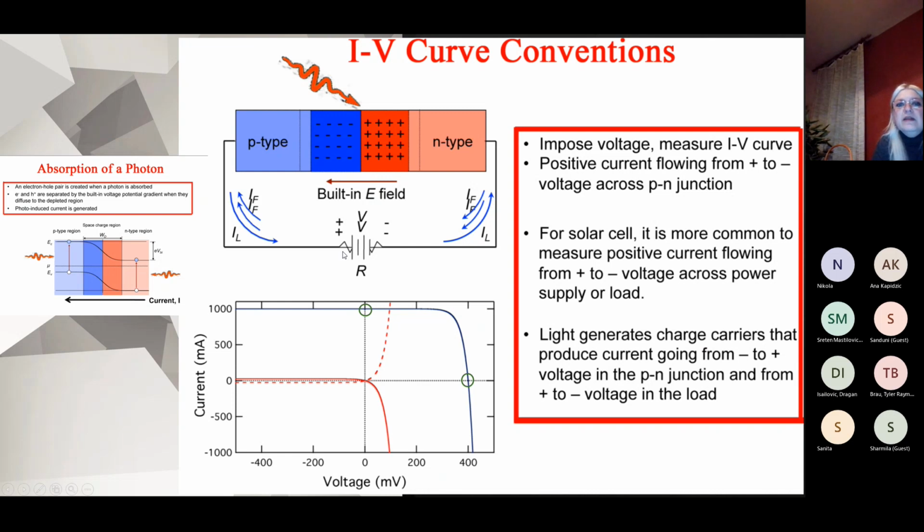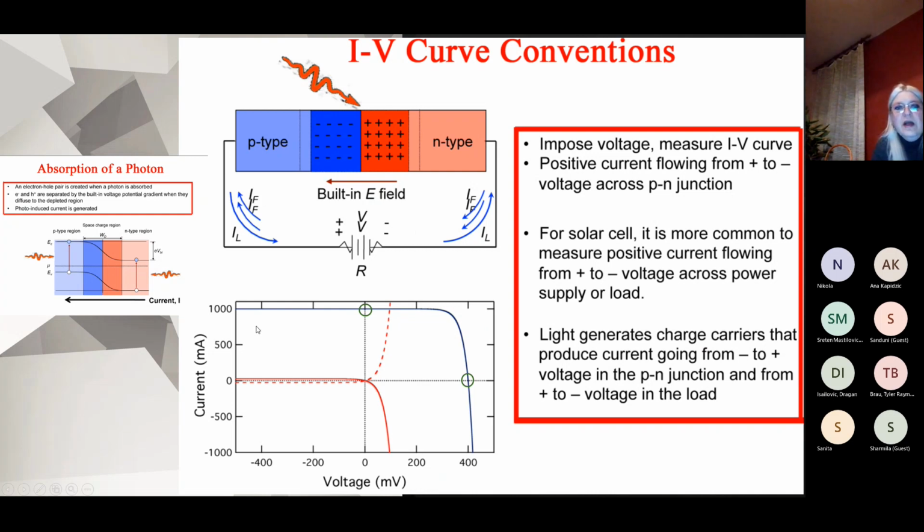Now if we apply forward bias, the forward bias current goes in this direction, from positive to negative.